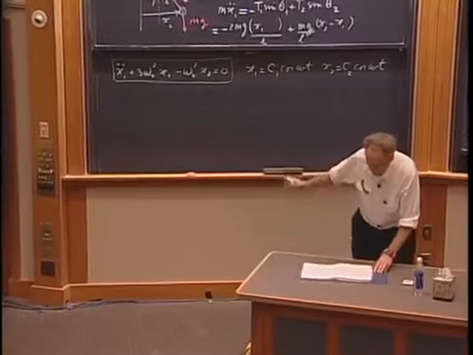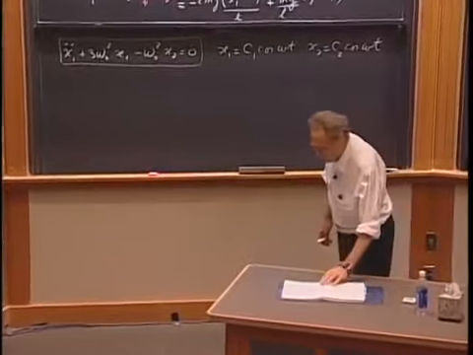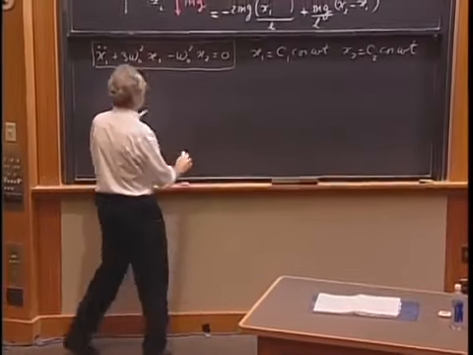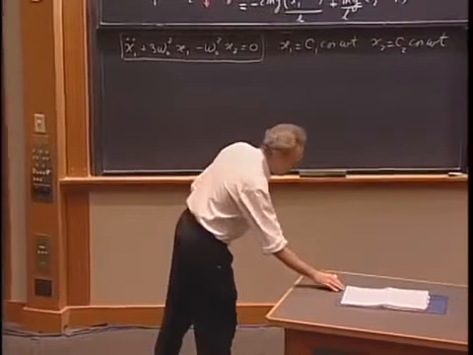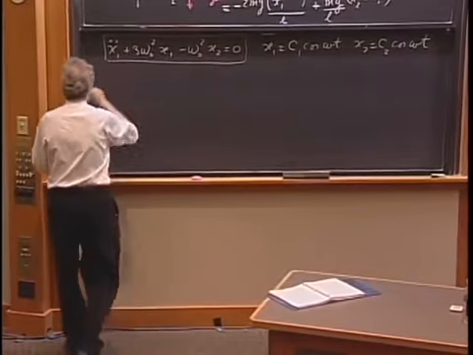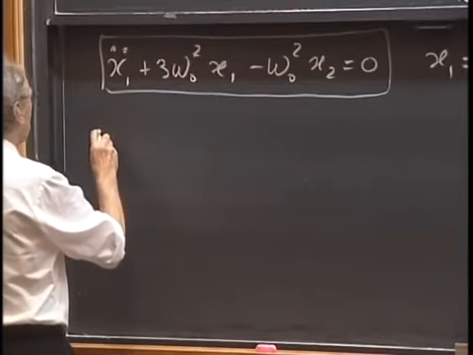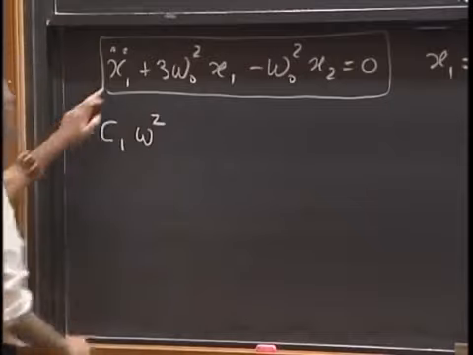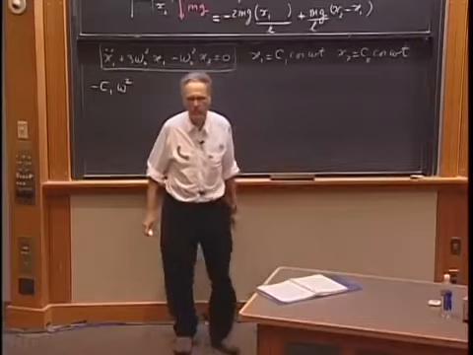So now we're going to substitute this solution in these two differential equations, and I'm going to write it down in a form that I put the C1s to the left and the C2s to the right. And so I'm first going to this one, that is my object number 1. I take the second derivative, so I get C1 times minus omega squared, because the second derivative gives me a minus omega squared.